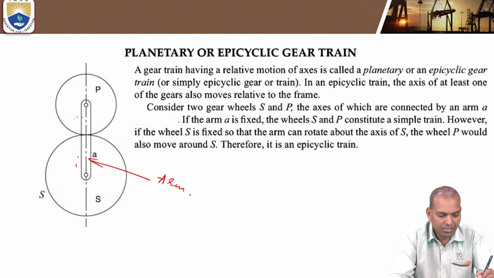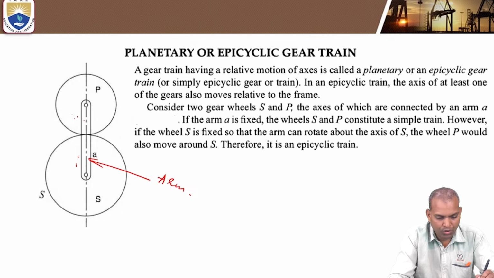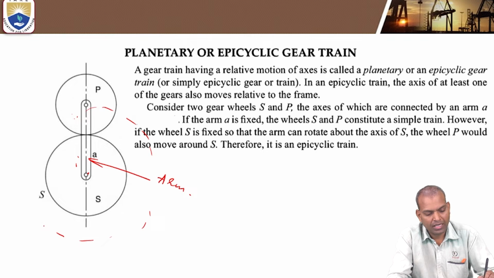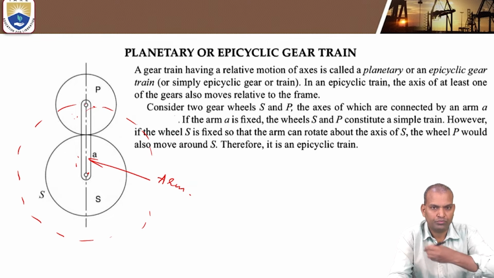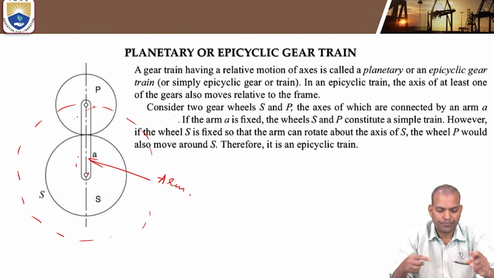However, if the S wheel, the sun wheel, is fixed, the arm can rotate about the axis of S, and P will also move around S. If S is fixed and the arm rotates, P will move like a planet.